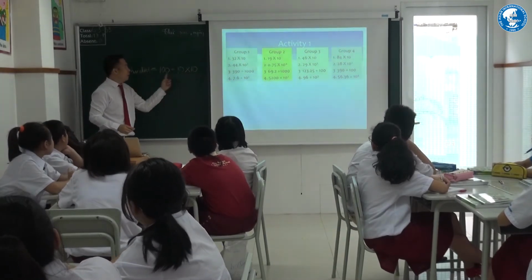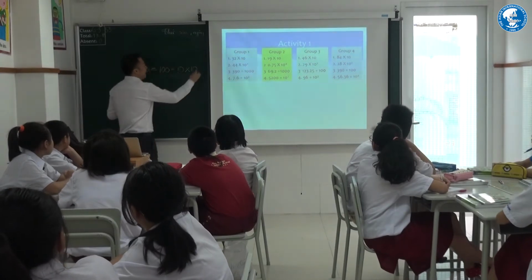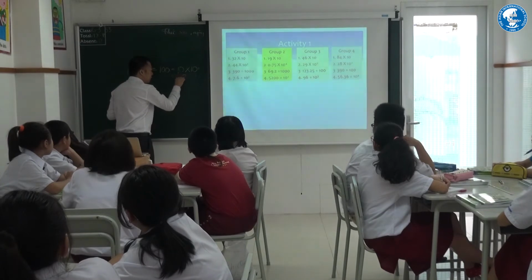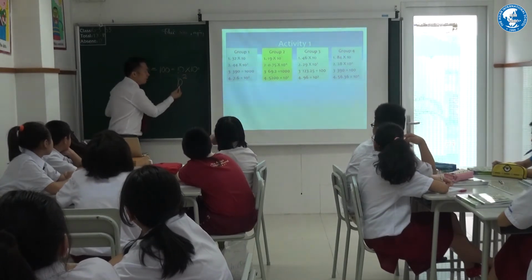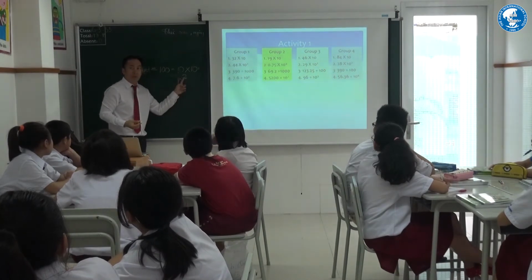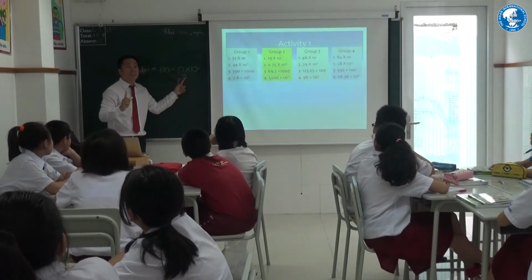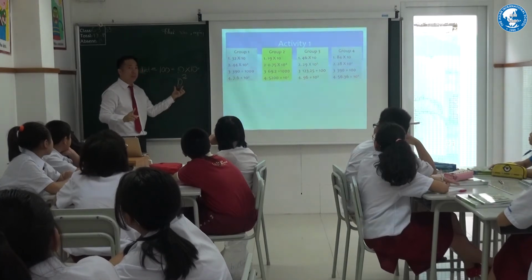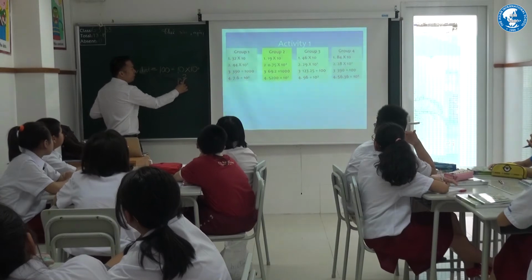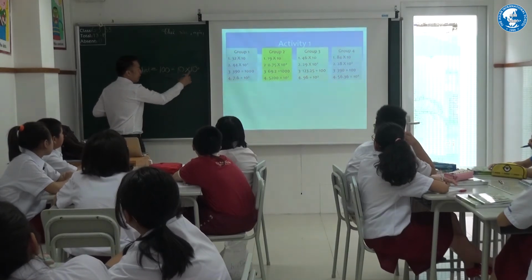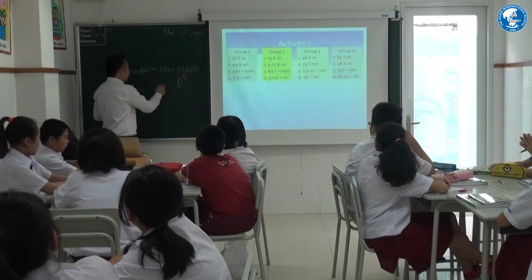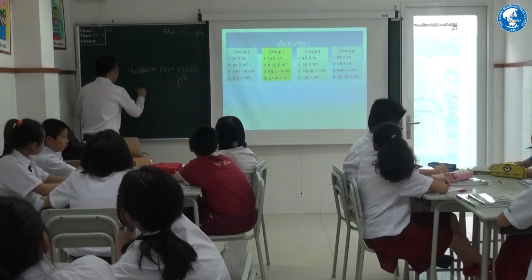Yes. 10 times 10 is 100. 10 times 10 is also equal to 10 raised to the 2nd power. That means 10 is your base and 2 is your power. The 2, or the power, will tell you how many zeros are there or how many times do you multiply the base. So for example, 10 raised to the 2nd power, that means 10 times 10, or there are 2 zeros. Yeah, remember? Yes.